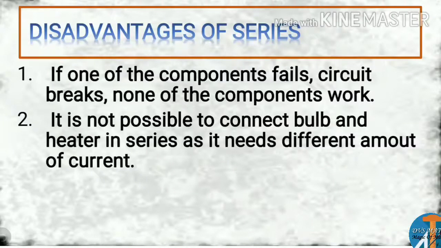As you all know, a bulb and a heater need different amounts of current. But in series current remains the same. The current that flows through the bulb is the same current that flows through the heater, and they cannot work together. These are the two main disadvantages of series.